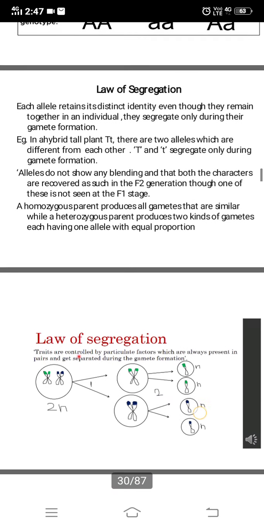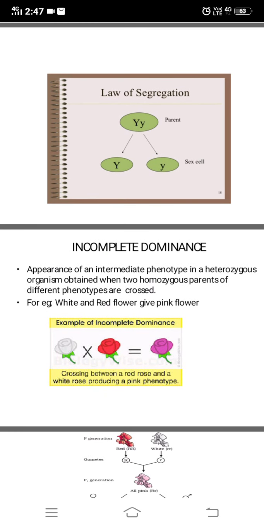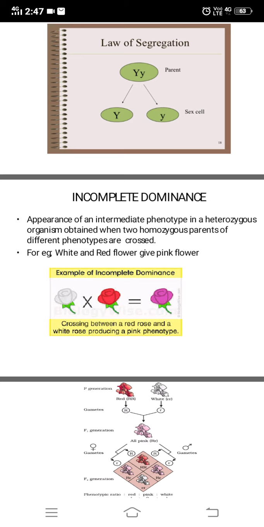Then we had studied incomplete dominance, which was against Mendel's experiment, where an intermediate phenotype occurs when two homozygous parents are crossed.